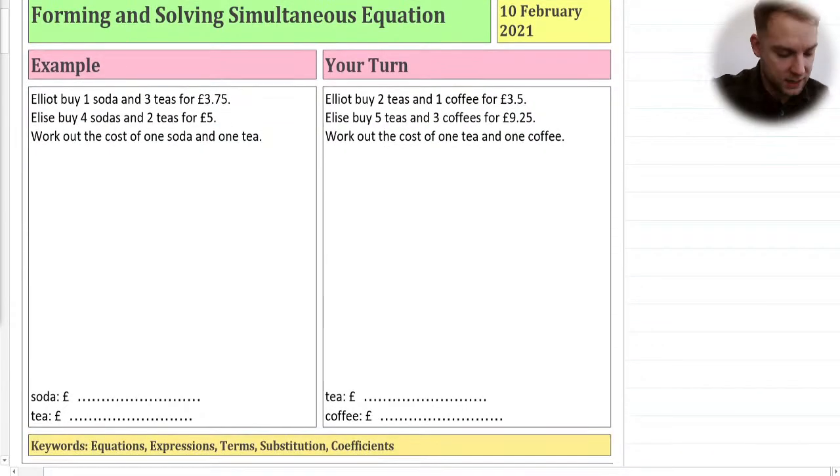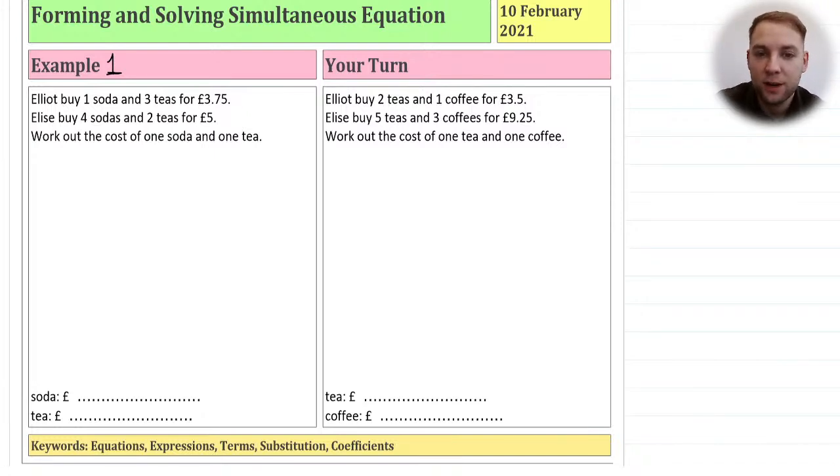Let's write this one down here as example 1. Example 1, Elliot buys 1 soda and 3 teas for £3.75. Elise buys 4 sodas and 2 teas for £5. Work out the cost of 1 soda and 1 tea.